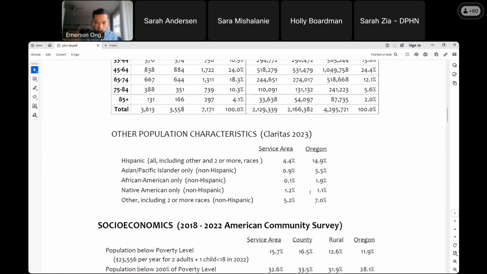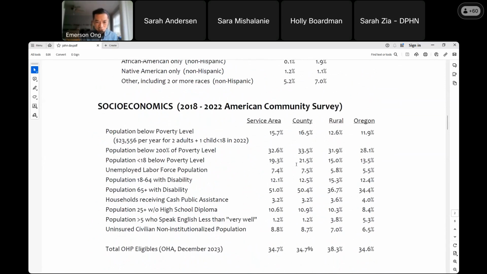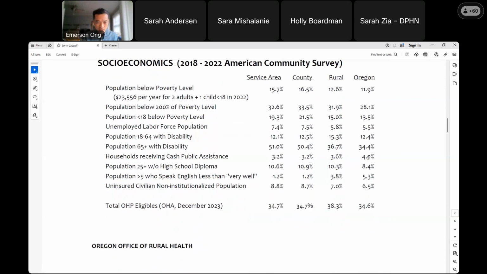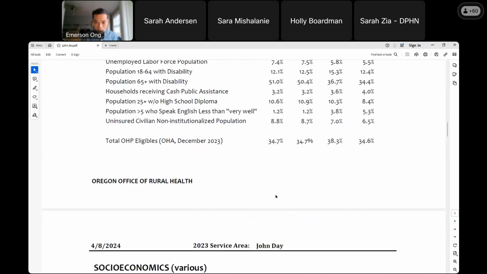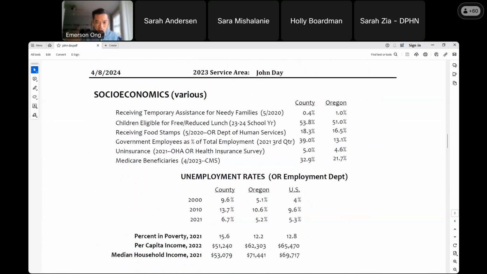race and ethnicity percentages, socioeconomics from the American Community Survey, a lot of social health data here compared to the county, rural, and Oregon, total OHP eligibles, more socioeconomics.